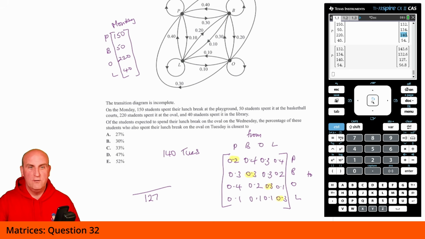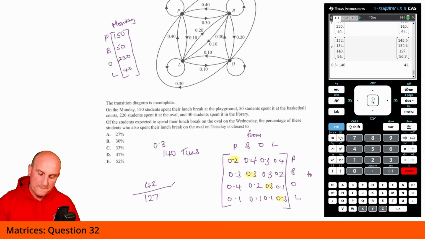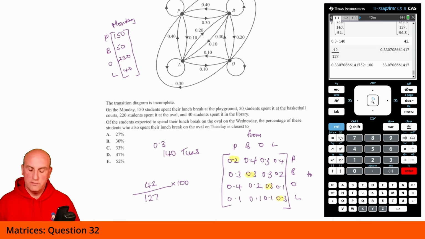We know from oval to oval is 30%. So if I do 0.3 times 140, that tells me that 42 of those kids would have done that. Then 42 divided by 127, times that by 100, gives me 33%, which I think is C as the answer.